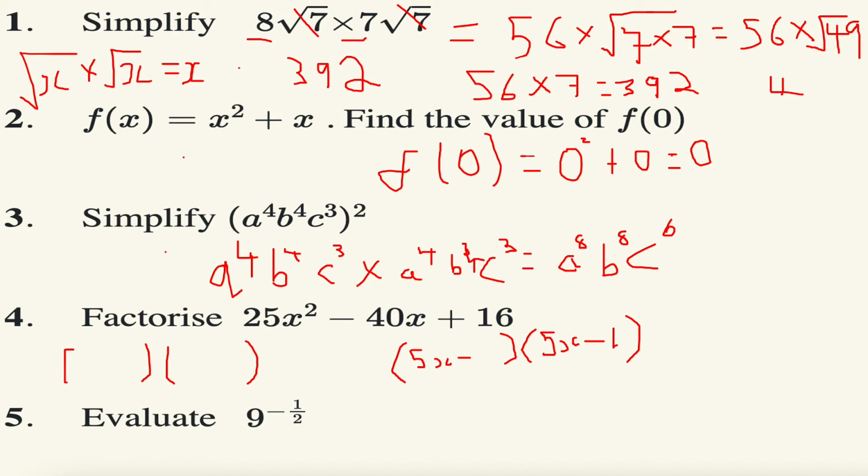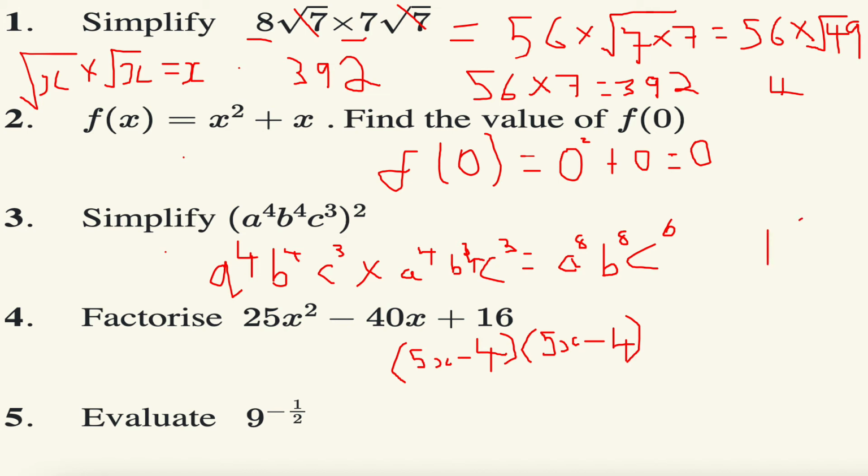The factors of 16, well, if I try a 4 there, and a 4 there, 5x times 5x is 25x squared. 5x times negative 4 is negative 20x. Subtract 20x again, so that does give me negative 40x. Negative 4 times negative 4 is equal to positive 16. So I answered this by a bit of trial and error.